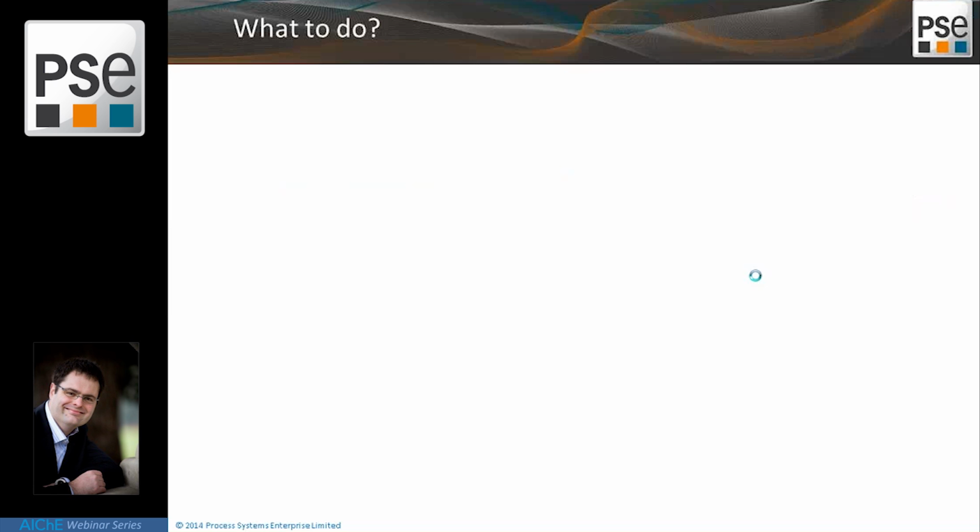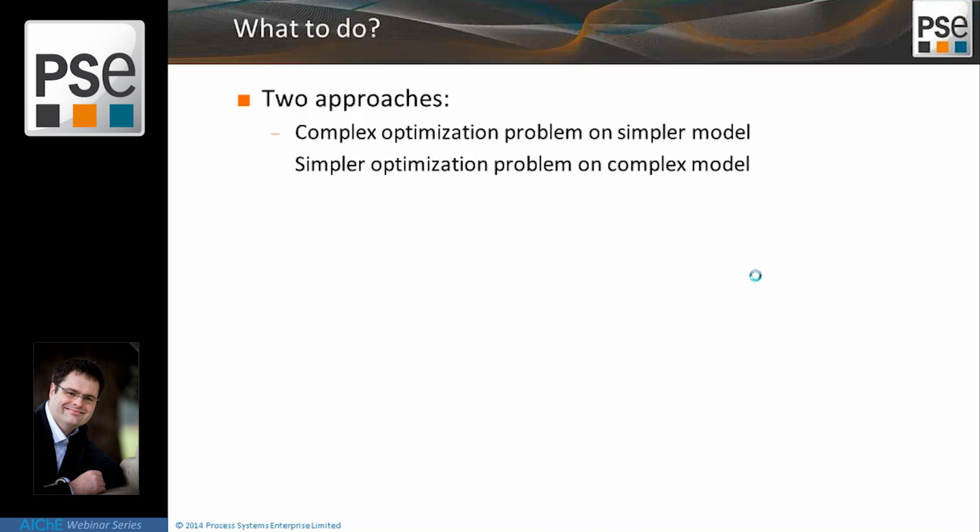So what do you do? Do you focus on setting up a more complex optimization problem, which obviously will hopefully give you a better result, in the sense of a better objective? But then you usually have to use simpler models to do that, because you pay a penalty somewhere.